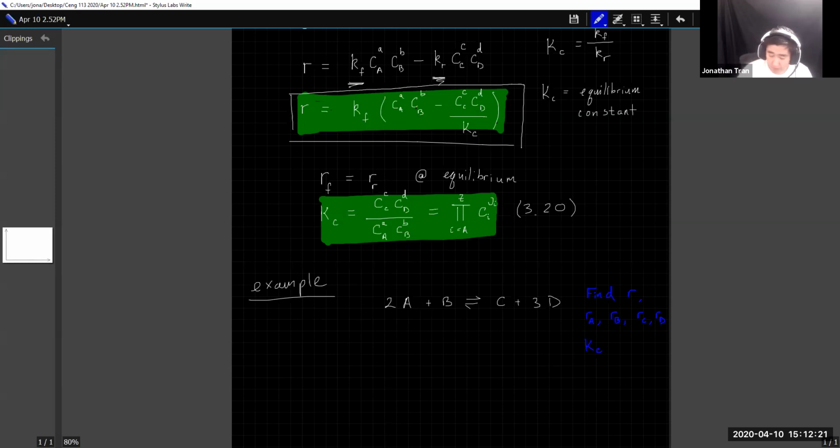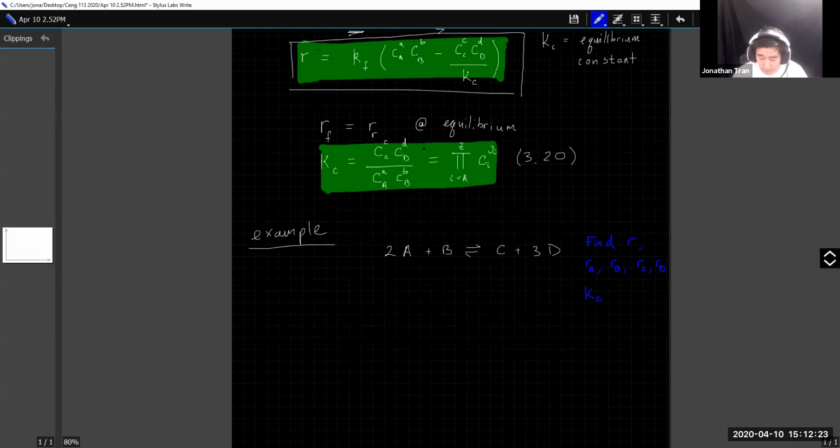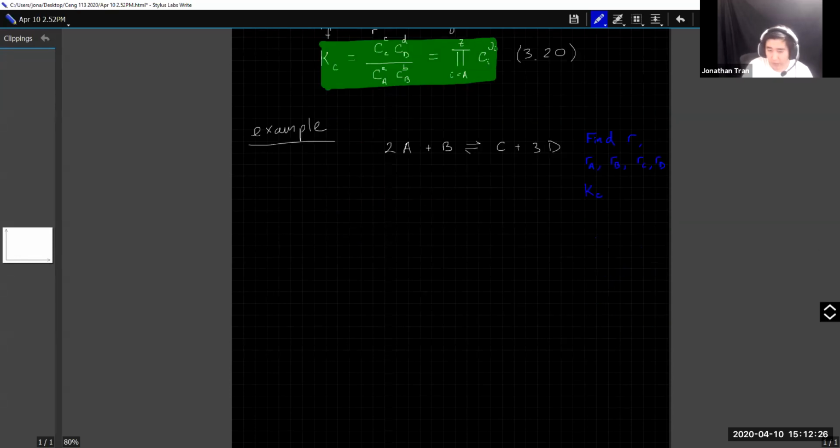So in this case, again, the way that I personally like to do these is I like to split the reaction into two quote unquote irreversible reactions, even though it is a reversible problem.